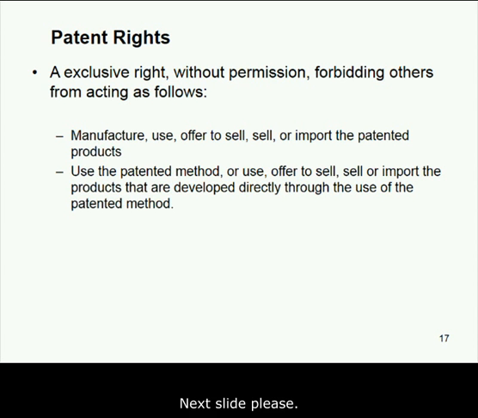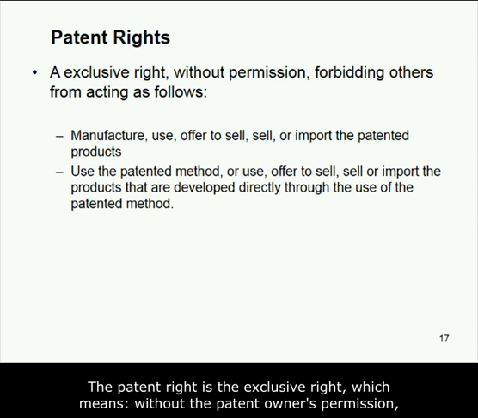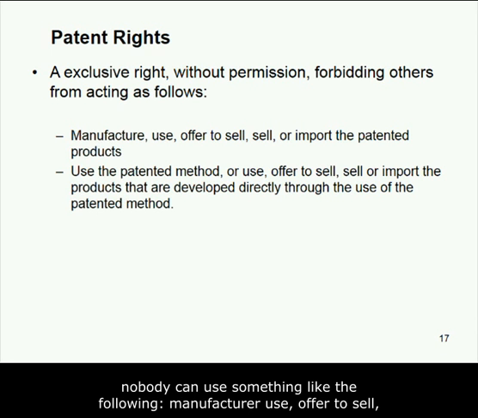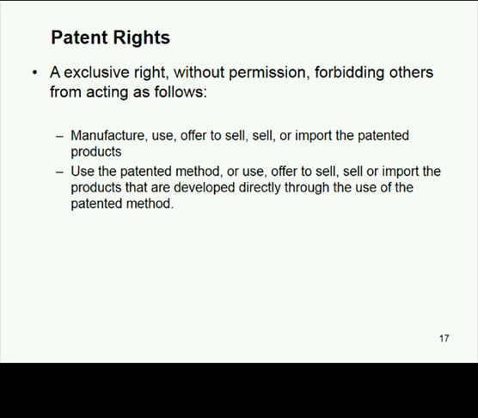Next, please. I want to explain a little bit about the definition of patent right. The patent right is an exclusive right, which means without the patent owner's permission, nobody can do the following: manufacture, use, offer to sell, or import the patented product.